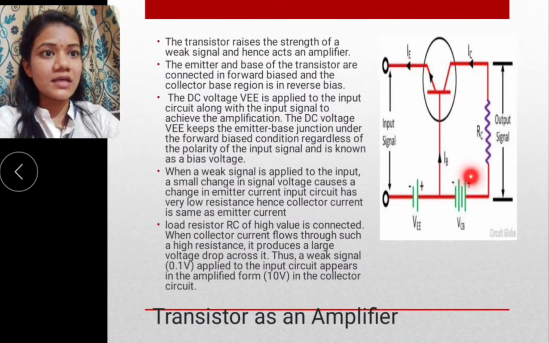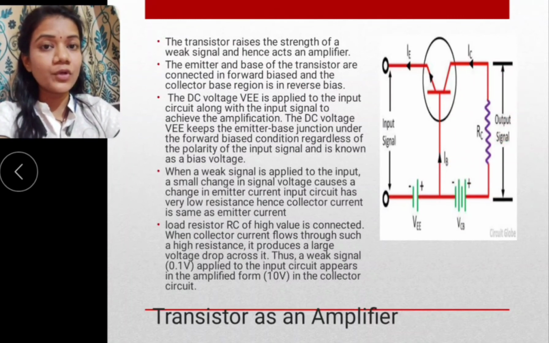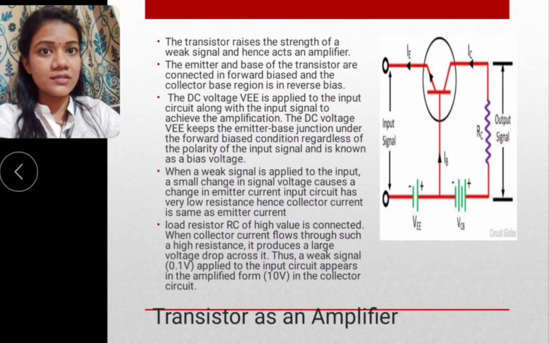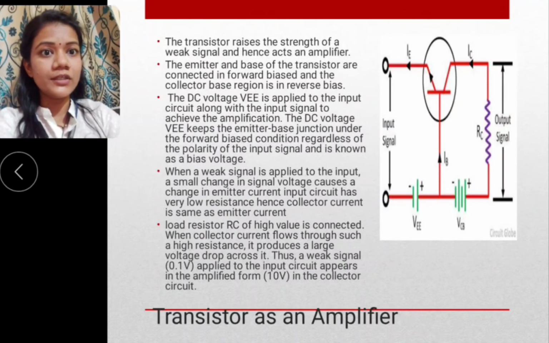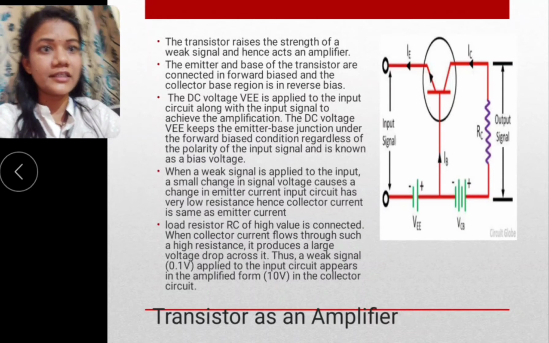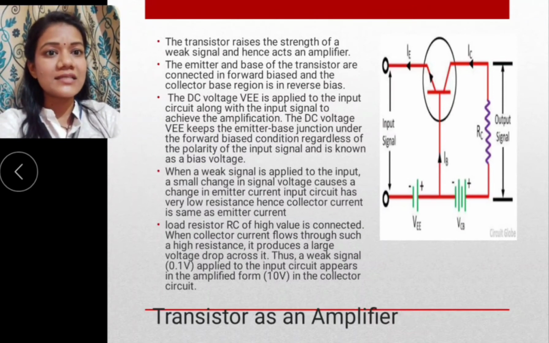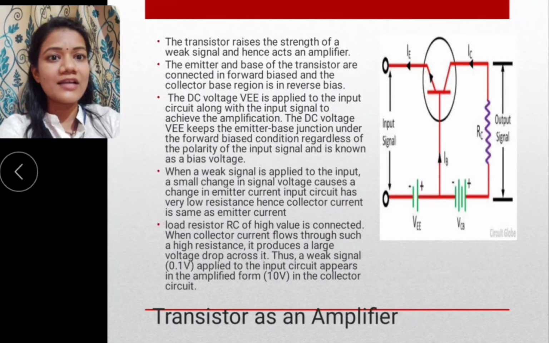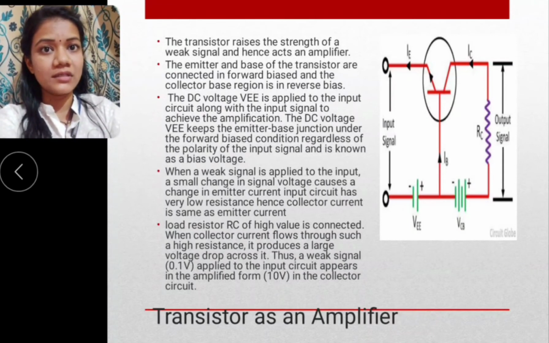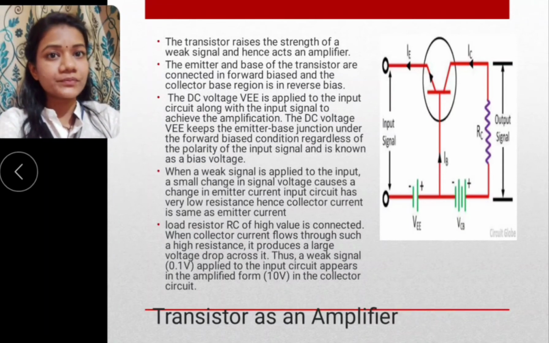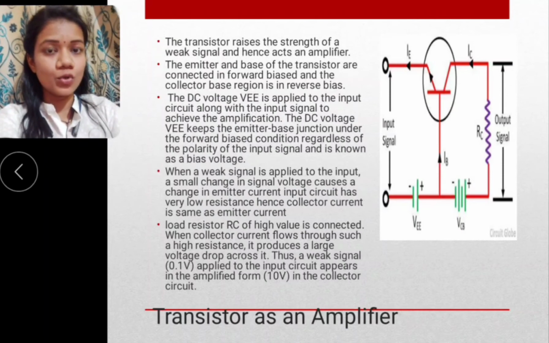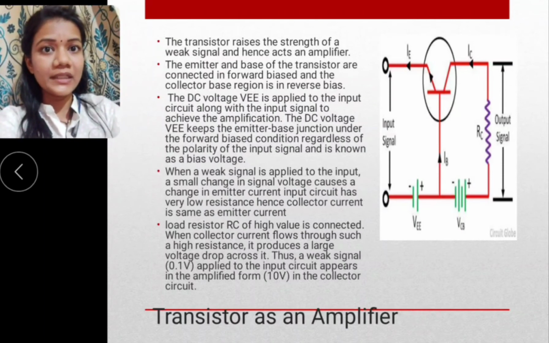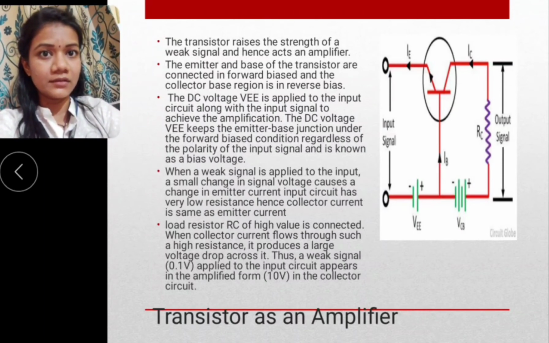This is RC, your collector, or we can say our load resistor. Because of the very low input resistance, the collector current is the same as IE. The load resistor RC of high value is connected, and when collector current flows through such a high resistance, it produces a large voltage drop across it. So as input resistance is low, that's why our emitter current is equal to collector current.